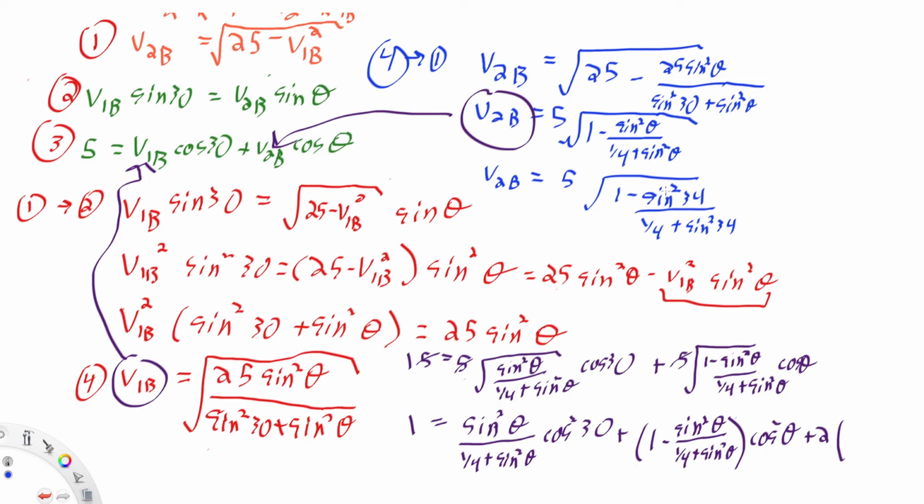So this fraction under the radical here is like 0.55. So 1 minus that is like 0.45. So our V2B is about 2.25.